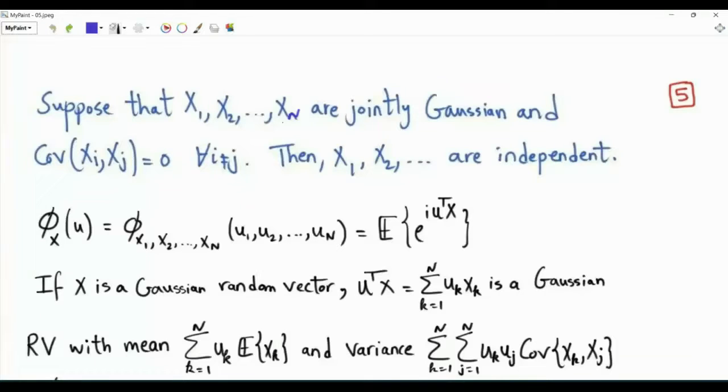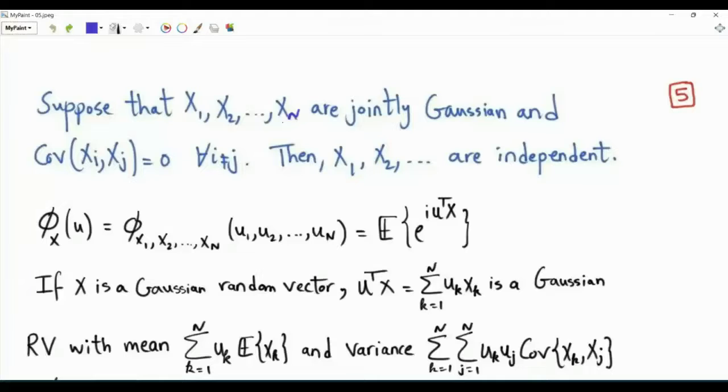The converse is generally not true. So you can come up with examples in which two random variables are uncorrelated, their covariance is equal to 0. However, they are dependent, which means, for example, if they are absolutely continuous, their joint PDF cannot be written as the product of the PDF of each one of them.